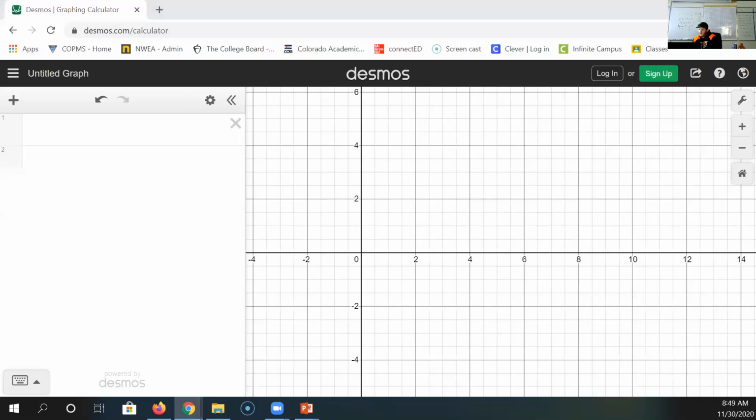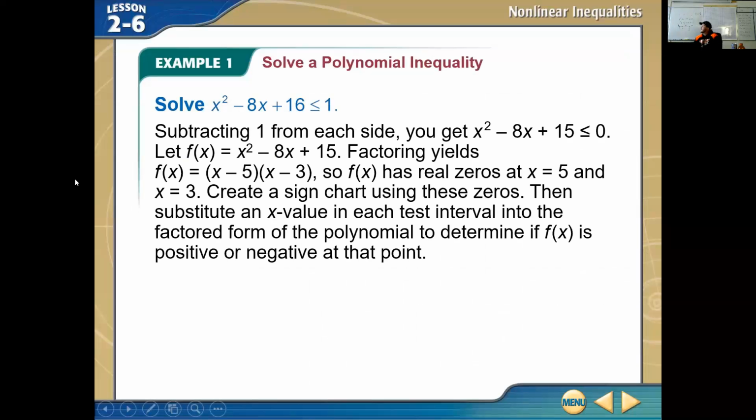Back to my screen. Here we go. Okay, so subtracting 1 from each side, you get x squared minus 8x plus 15 is less than or equal to 0. So factoring yields the real zeros. And we found that we have a 0 at 5 and a 0 at 3.